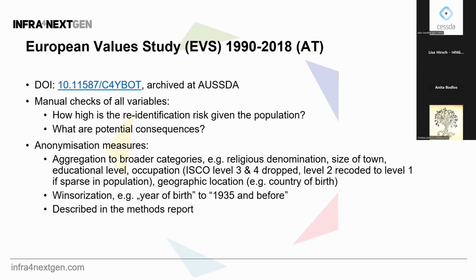The geographic location was also aggregated, for instance, the country of birth. You could aggregate the country of birth to continents if appropriate. Winsorization was also applied. For instance, the year of birth was recoded to 1935 and before for elderly respondents. As I said before, everything is described in a methods report, so you can have a look there.